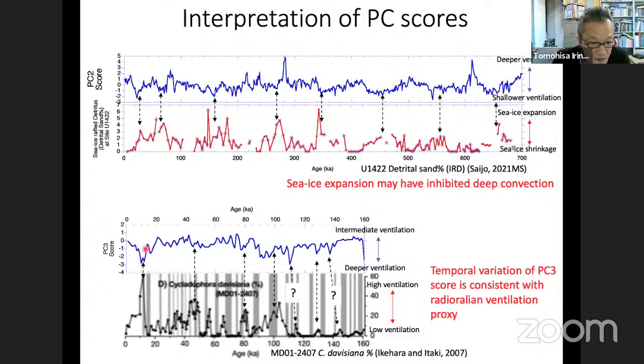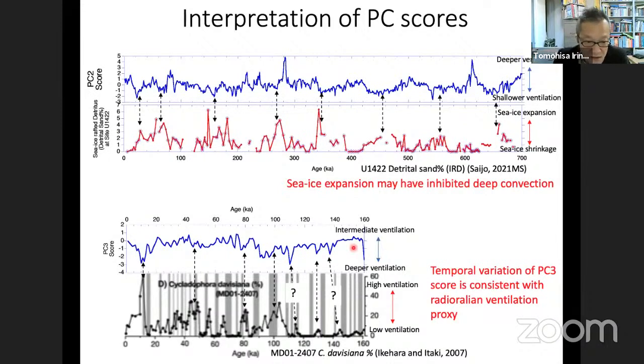The low, negative PC score is associated with high ventilation, the radiolarian proxy, like this. There is some inconsistency due to the inconsistency of the age model in this part, but probably the basic feature is very well reconstructed also by the principal component 3 profile.